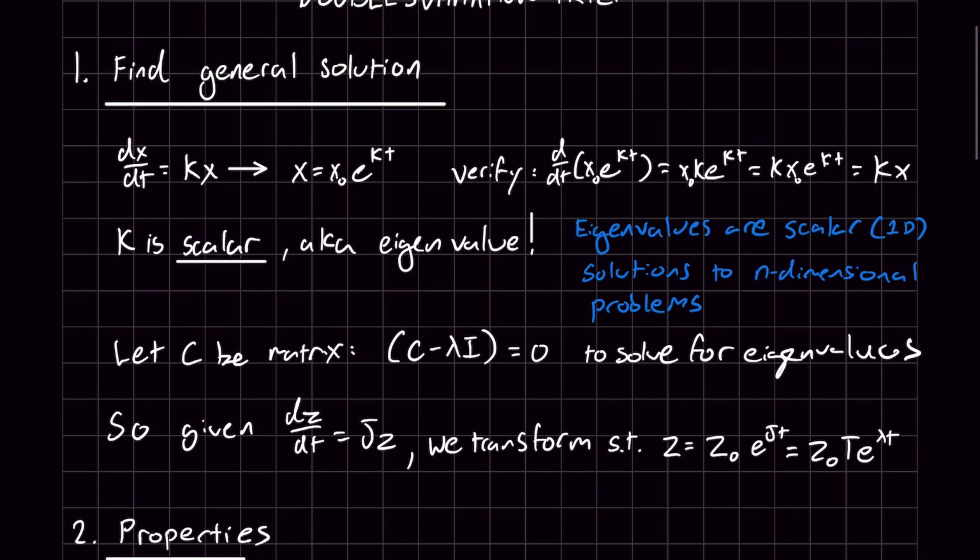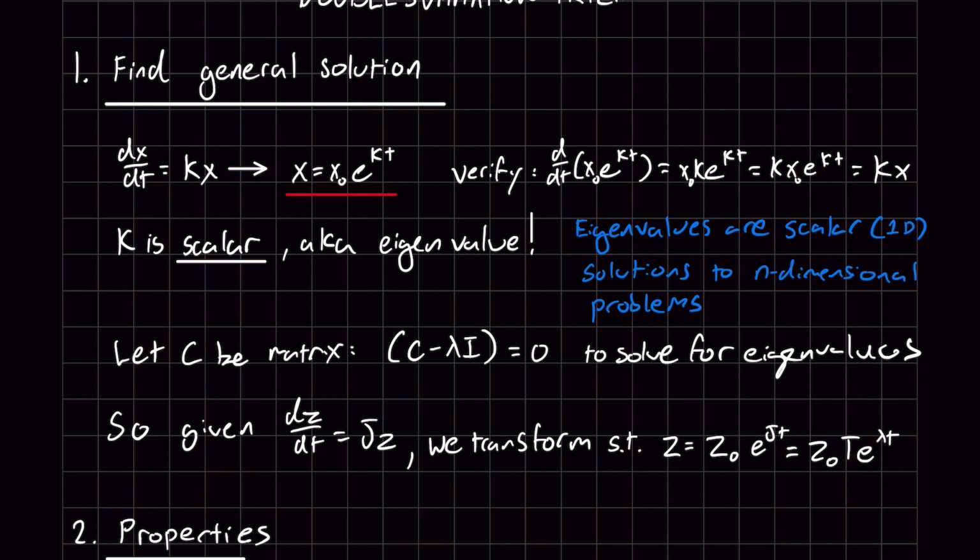Well, over here, let's just go to the general solution and show why it exists and what we're supposed to be looking for. So, for a first order differential equation, it's very common to use this solution over here, which is x equals some initial value times e to the kt.